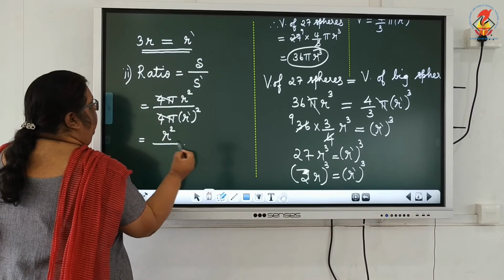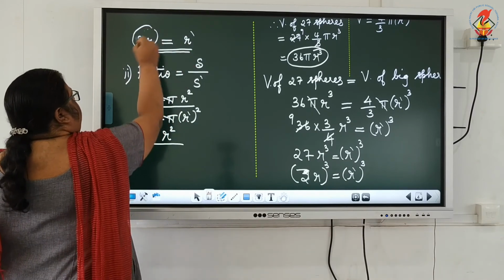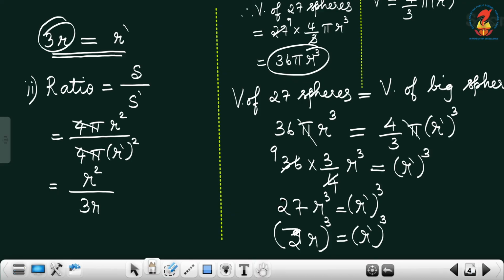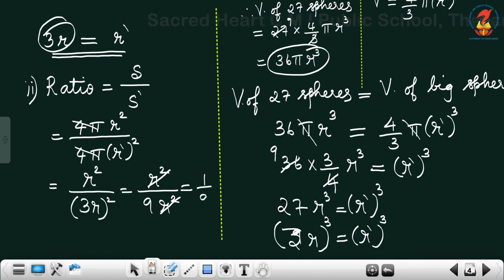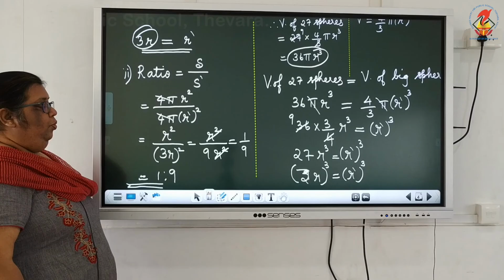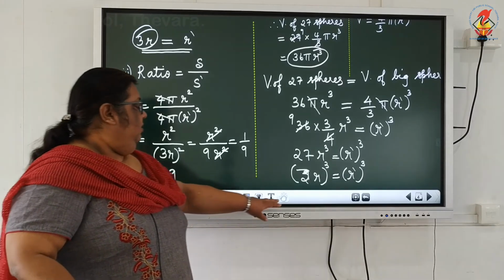R square by, what is r dash now? 3r the whole square. R square by 9r square. R square and r square gets cancelled. So it will be 1 by 9. Since the question is to find the ratio, answer will be 1:9.